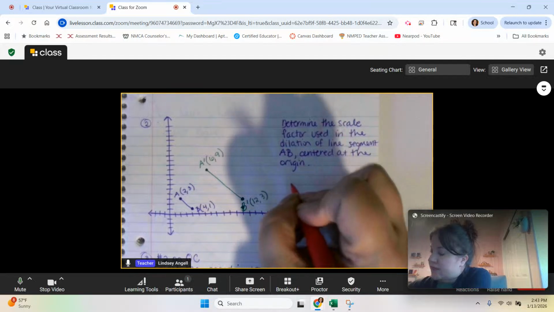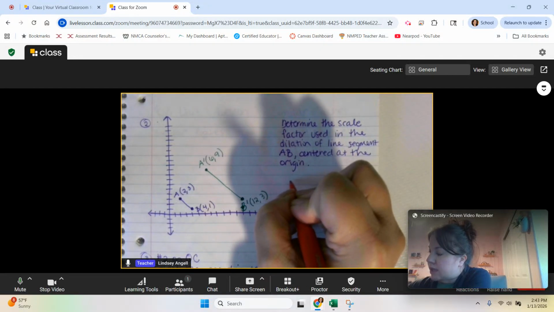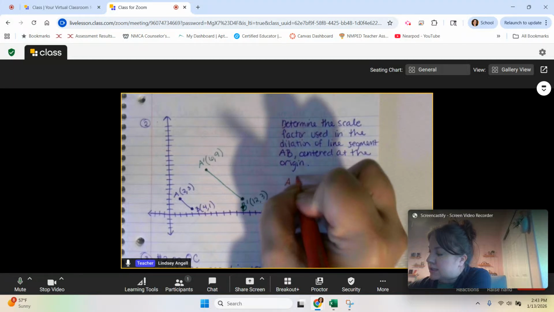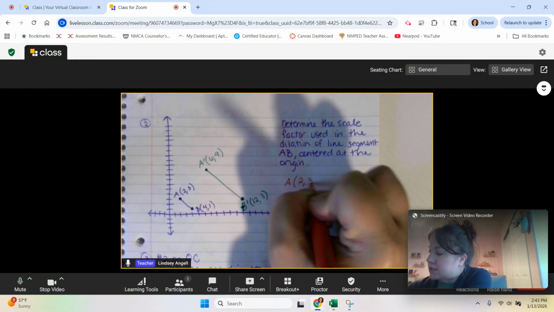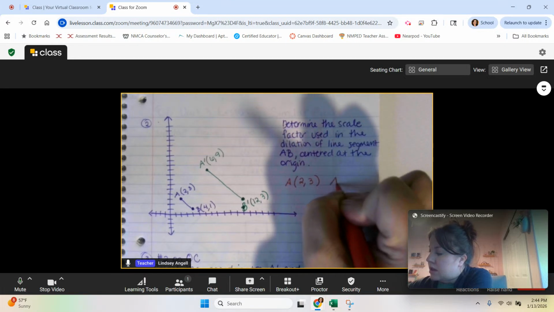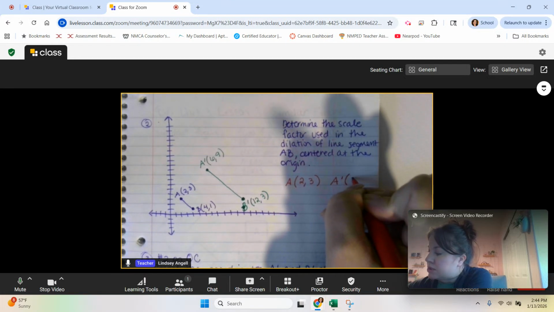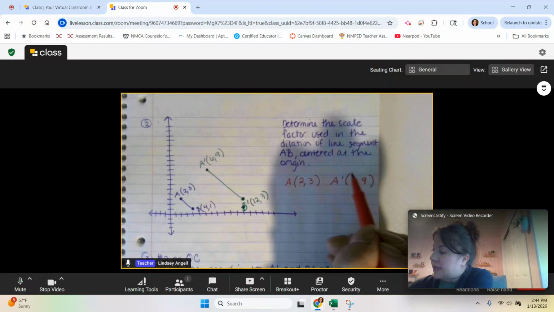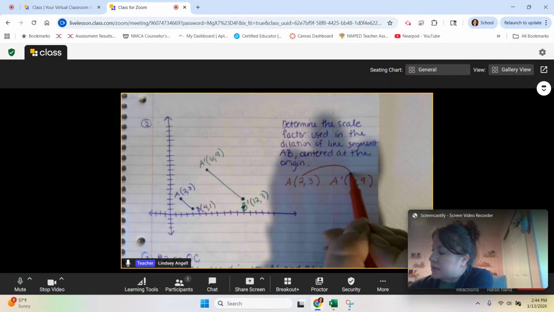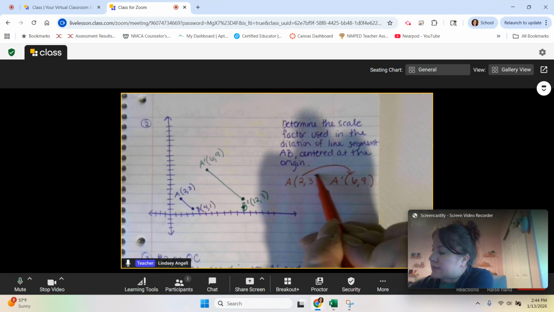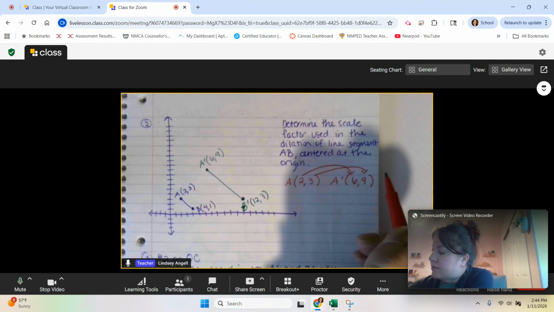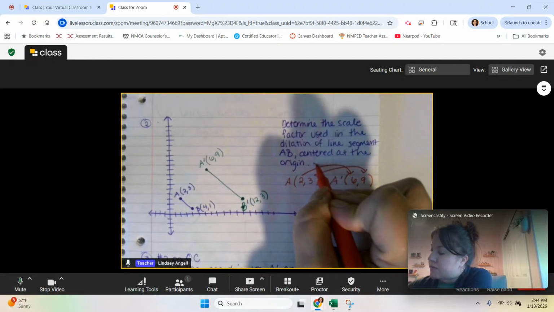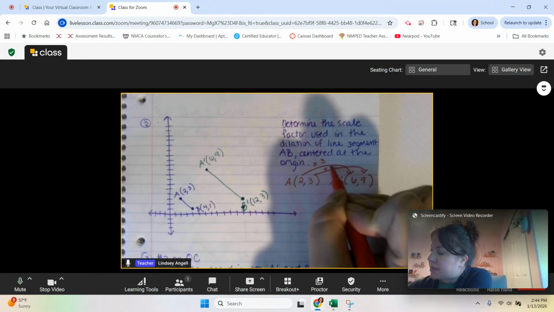So with that, what we can do is list, let's see, we've got A, which is at (2, 3), and A prime, which is at (6, 9). What we can think to ourselves is, how did we get from 2 to 6? How did we get from 3 to 9? Well, with both of those, you could multiply by 3.